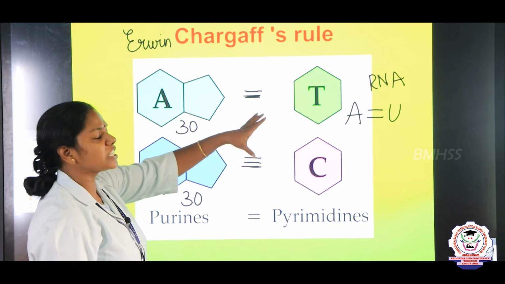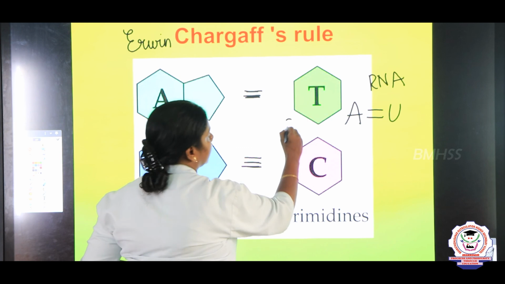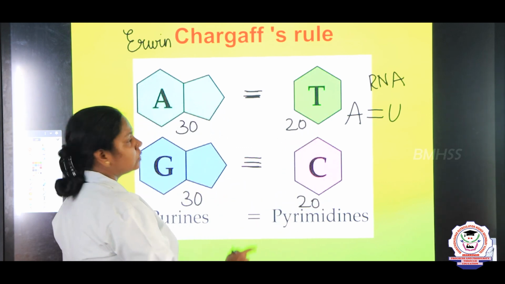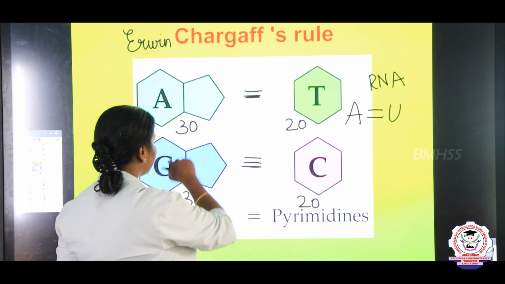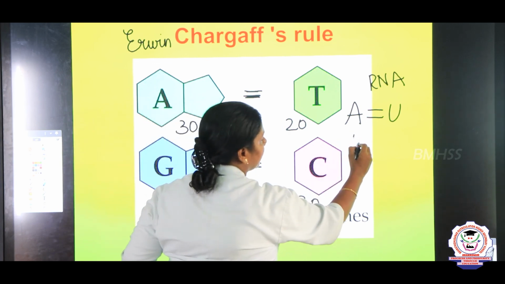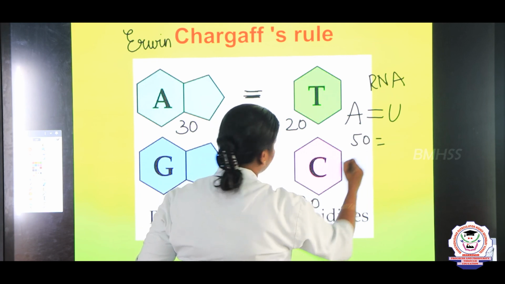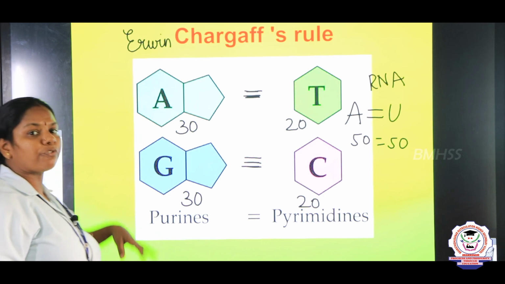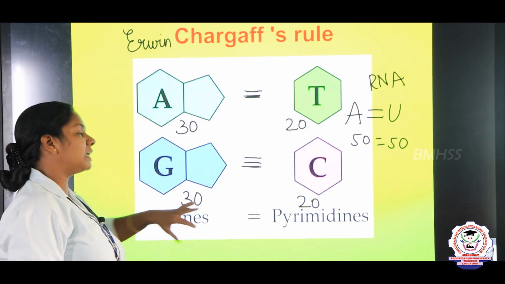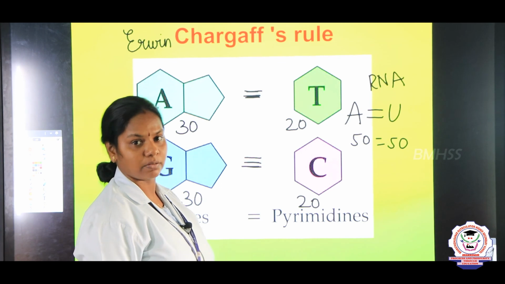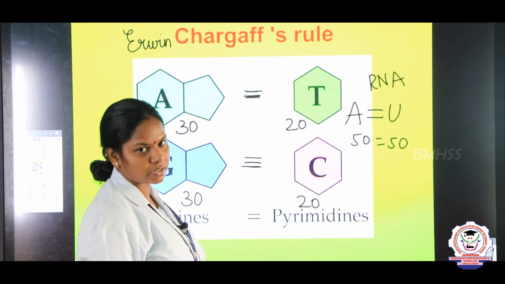And what will be in the case of thymine and cytosine? 20 and 20. So, the ratio of adenine with thymine and guanine with cytosine is equal. If you add, you will get 50, and here also you will get 50. Like this, they will give the value for any one of the nitrogenous bases, and they will ask you to find the value of the remaining nitrogenous bases. It is a need based question, children.